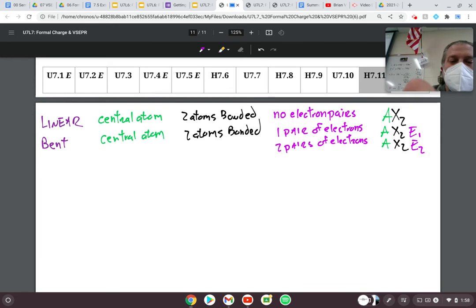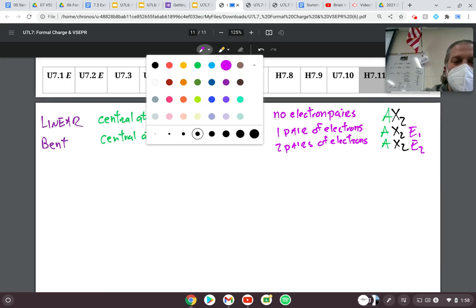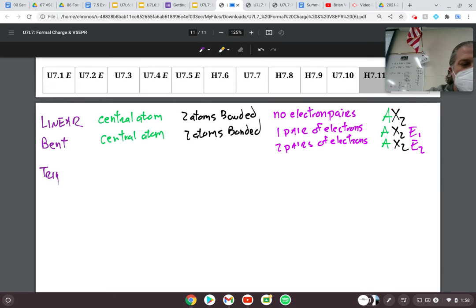The third structure that we learned about was trigonal planar. It too had a singular central atom.